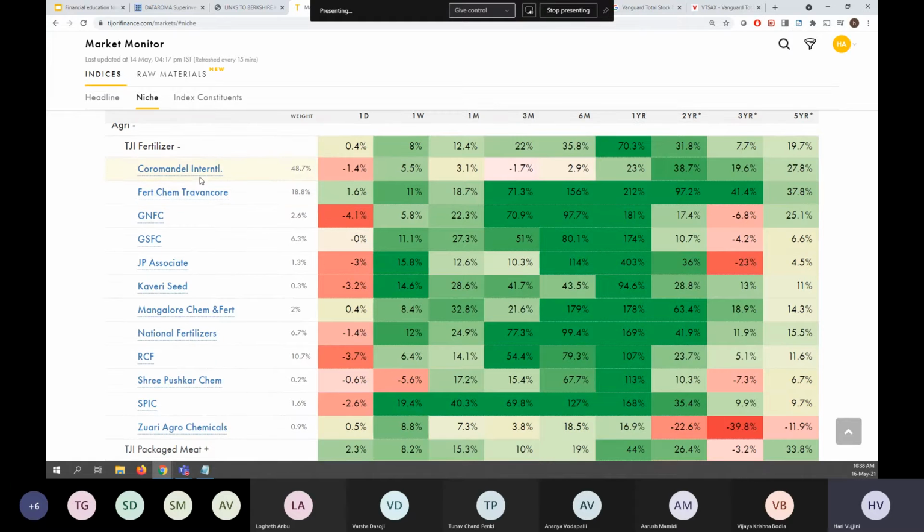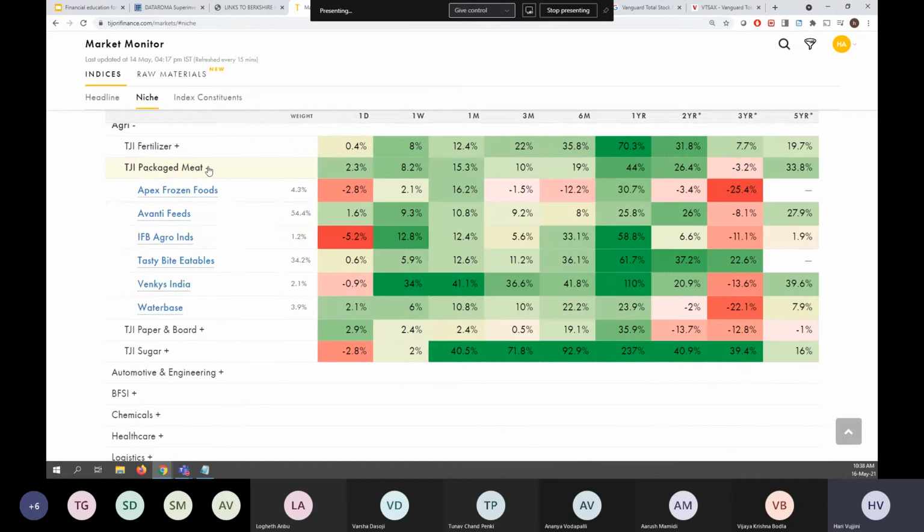These are all the different companies, Coromandel and others, which are part of the fertilizer business of agriculture. And these are different meat companies. Avanti Feeds exports shrimps across the world. Similarly, we have Venky's India, which does chicken meat production in India.